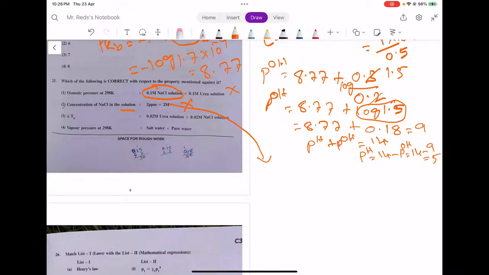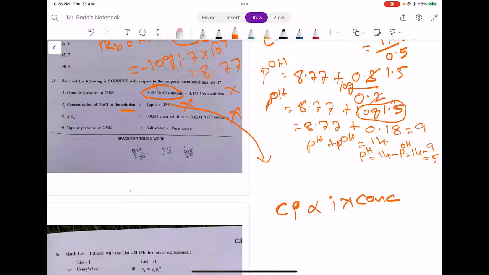Next, delta Tb of NaCl solution is more than urea solution. This is also wrong because the number of particles is more here. Colligative property is directly proportional to i into concentration. 2 ppm is less than 2 molar.